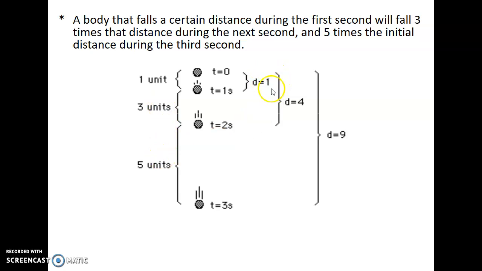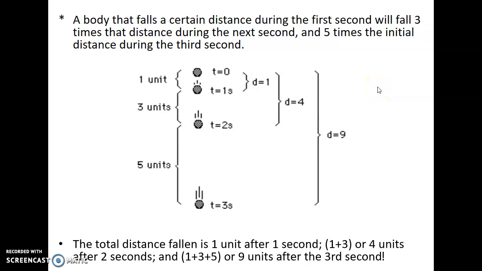But what's even more important is it seems that the total distance that an object falls is proportional to the time squared. These numbers are perfect squares: 1, 4, 9. And if you kept going, the next one would be 16, and the one after that would be 25. So the total distance fallen is 1 unit after 1 second, 4 units after 2 seconds, or 9 units after the third second.